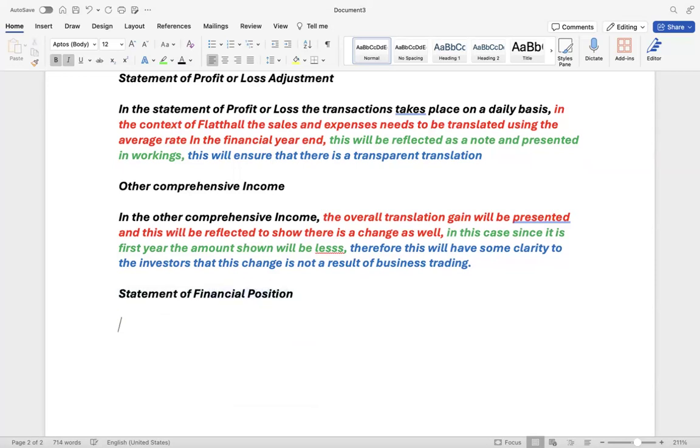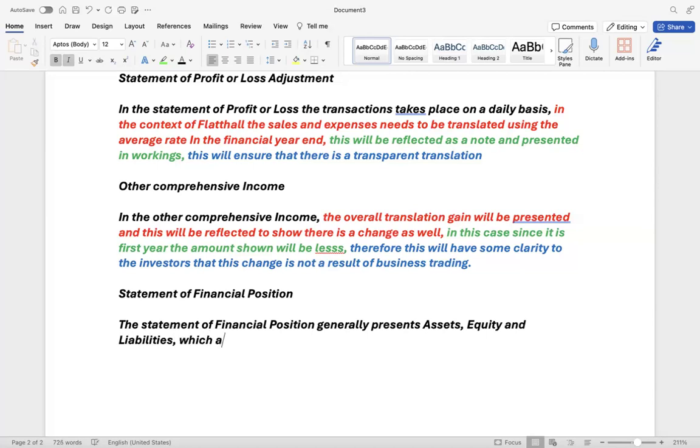So in this case, I'll write down here, the statement of financial position generally presents assets, equity, and liabilities, which are reported at year end.